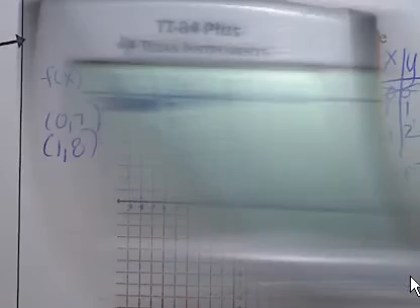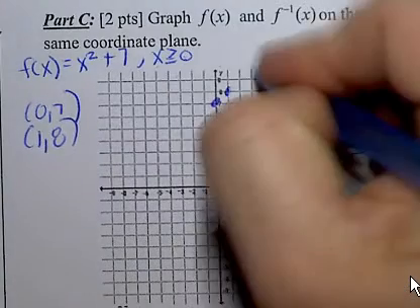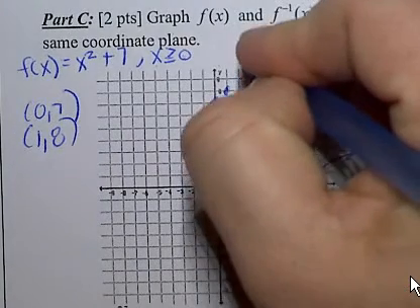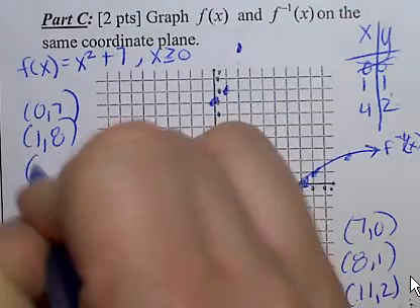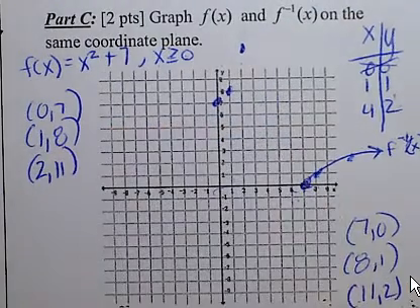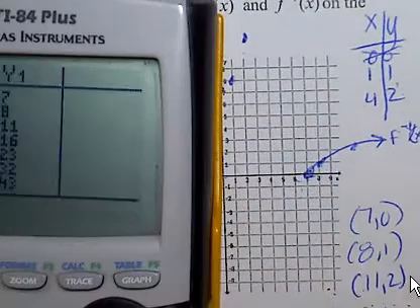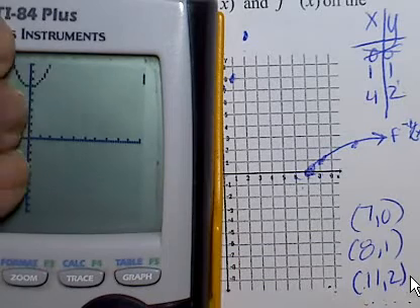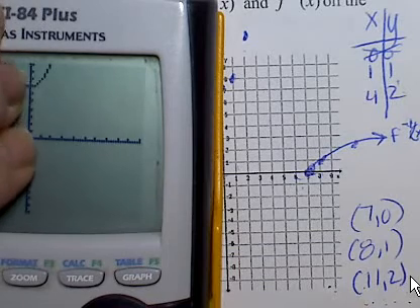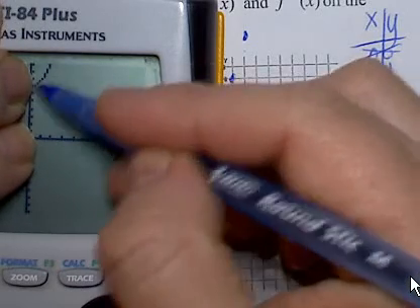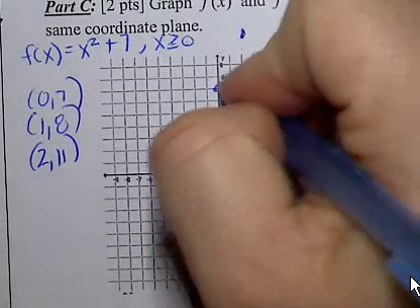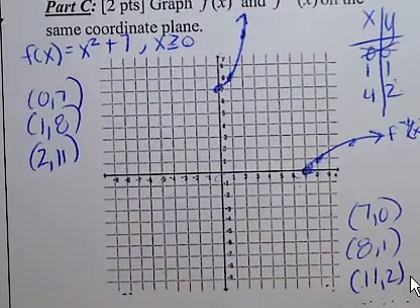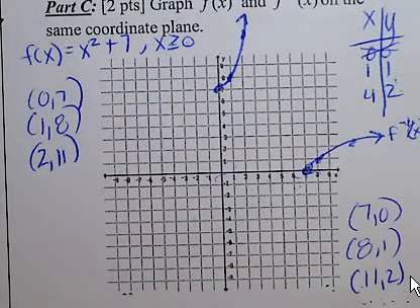I'm going over 2, estimating. Then I'm going to hit graph, and I know I'm only doing it where the x's are greater than or equal to 0. So I'm looking at this part right here. I have completed part C.